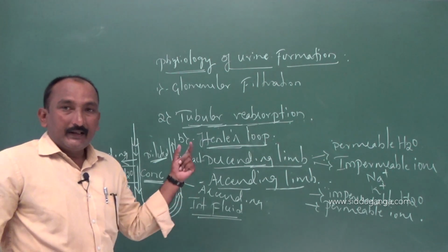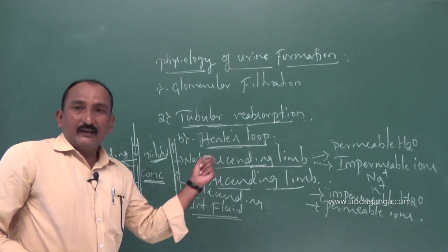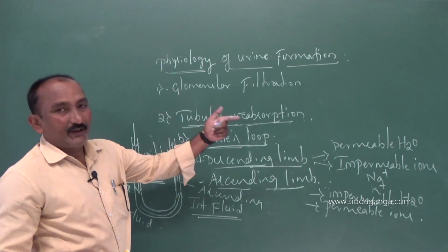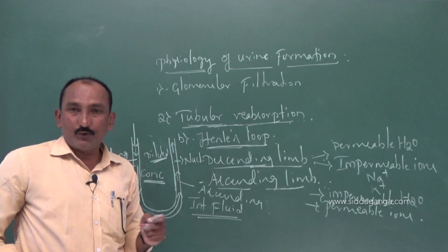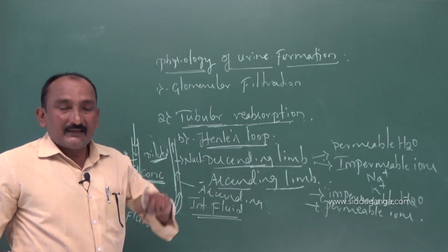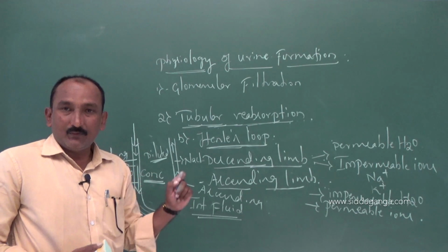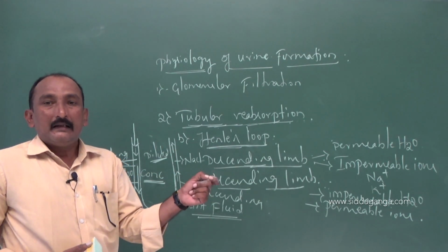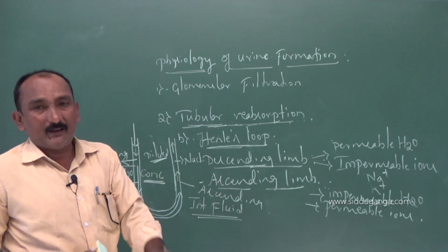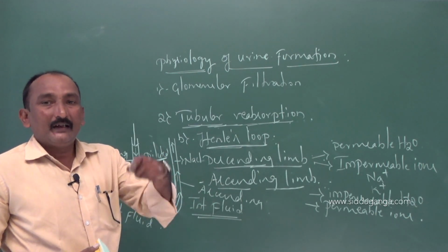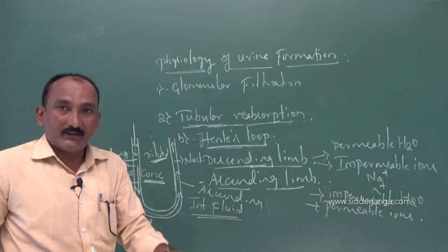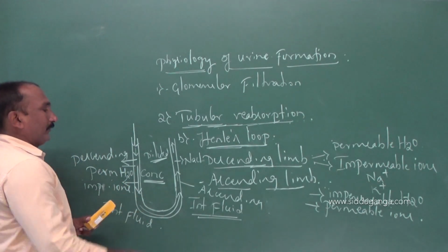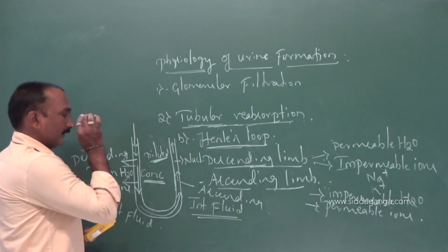The solution in which the ions are removed, so the water concentration increases. Suppose a solution in which the solutes were removed, solutes were separated, then the water concentration in that solution will increase. So the water quantity increases, so that solution gets diluted.